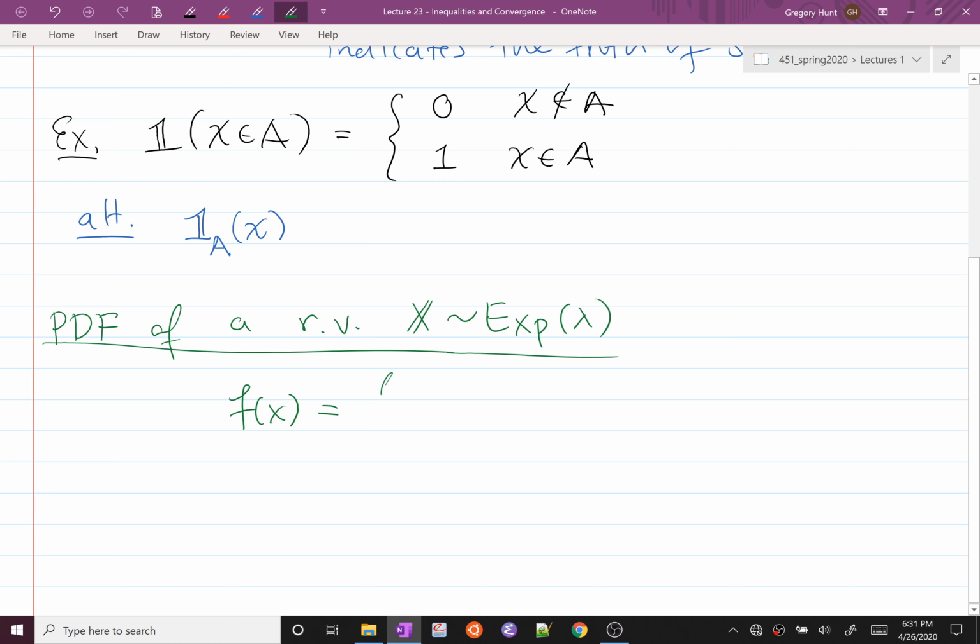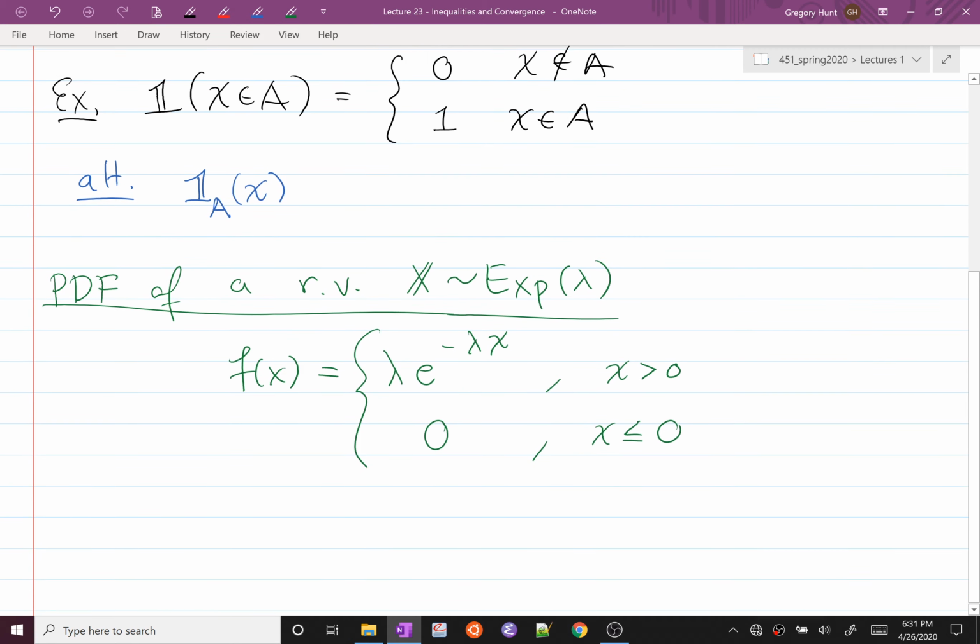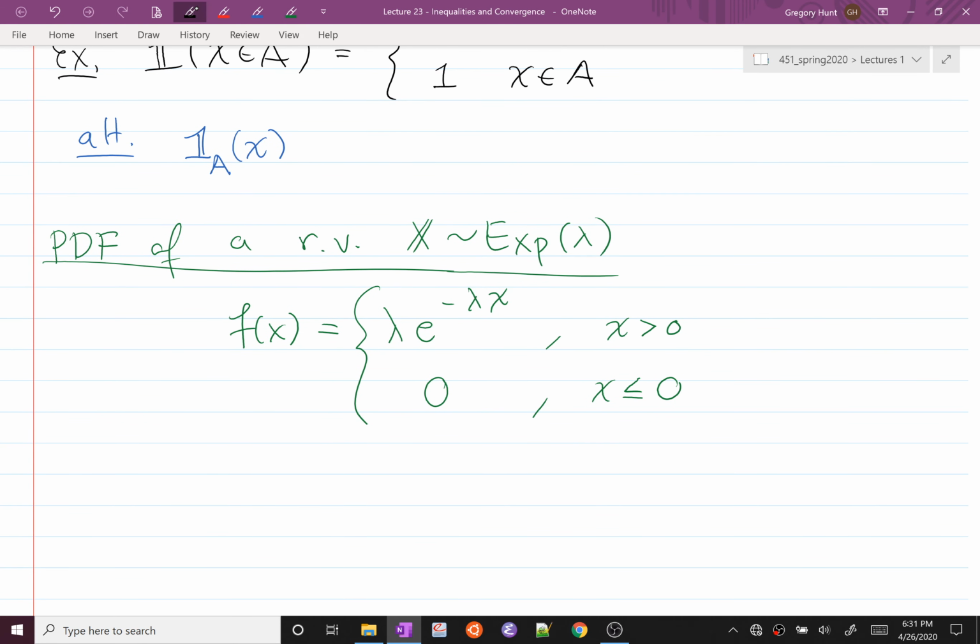Typically, we would write the PDF as lambda e to the negative lambda x, and this is true when x is bigger than 0. To be technically correct, we have to say it's 0 when x is less than or equal to 0.